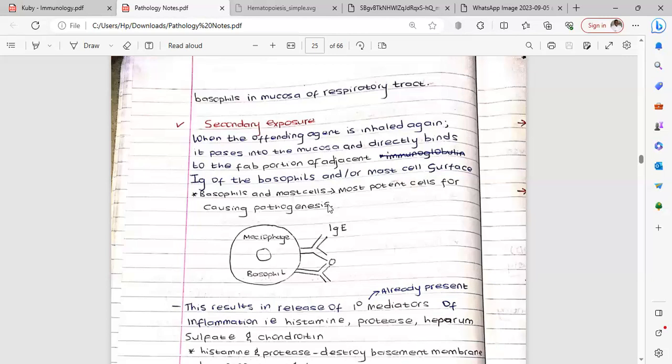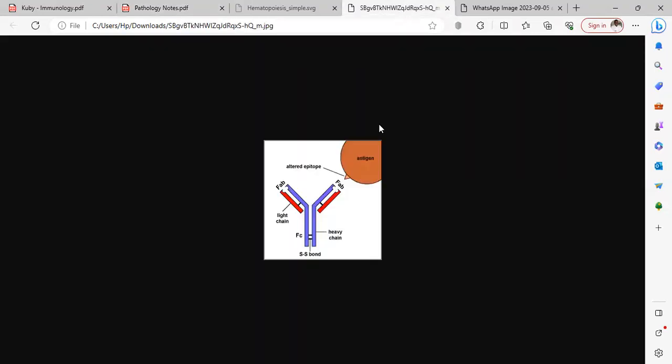It will be identified as an antigen, and the antibodies against that antigen will be formed. In the case of an allergic reaction, it will be IgEs. Then, there are two parts of an antibody: the Fab portion and the Fc portion. The Fc portion binds to an immune cell.